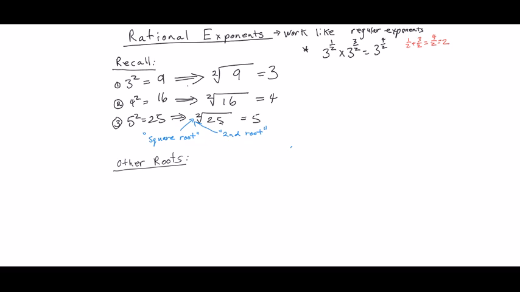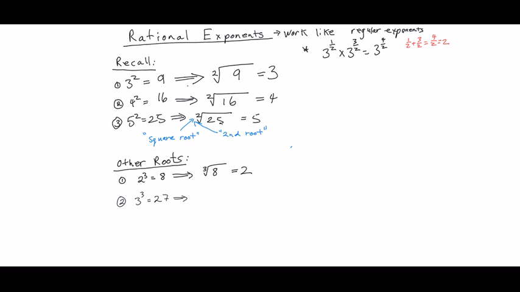So now let's look at other roots. So suppose I have 2 cubed equals 8. We would say that the third root of 8 is also equal to 2. So what we're saying is that it takes 2 times 2 times 2 to give us 8. Now we'll do this again.